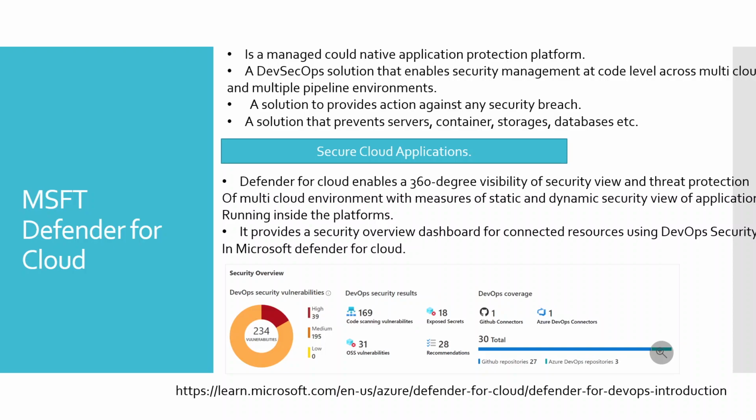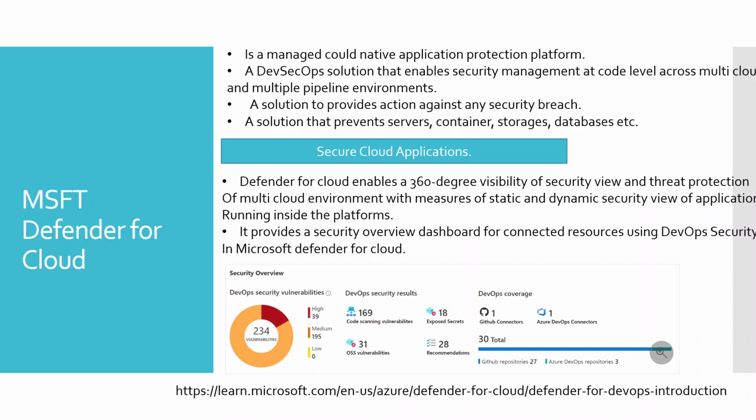It provides a security overview dashboard for connected resources using DevOps security in Microsoft Defender for Cloud. I have extracted this kind of dashboard from the following link from Microsoft, where you can see the severities of those vulnerabilities, like high, medium, low. Code scan vulnerability is more on a static level.